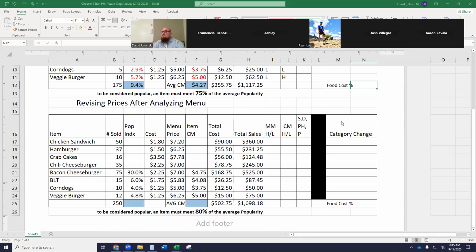So we're revising some pricing on the bottom. And then you're going to identify if there's a change or not. If there's no change, you can just write the word none. And let's say it's a star to plow horse. That's basically what you would do. Star to plow horse or none. If it stays the same, there's no change. So we're going to identify which menu items changed categories.